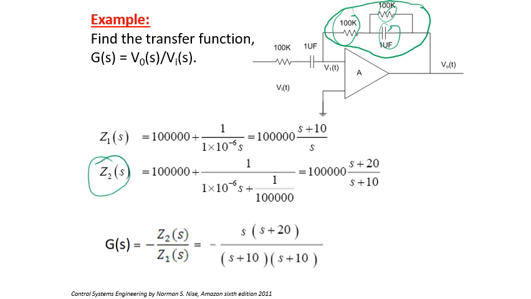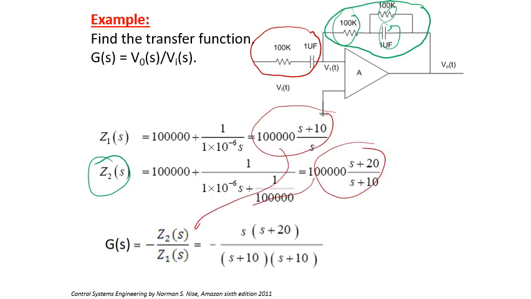Now, Z1 is nothing but 100K in series with 1 microfarad, which will again be written as 10 to the power 6 over S. So after doing them, you can substitute this value and this value in this equation, and you will find the transfer function as you see here.